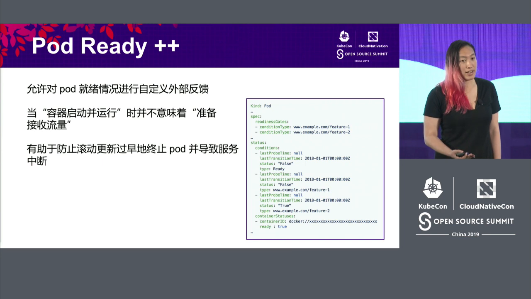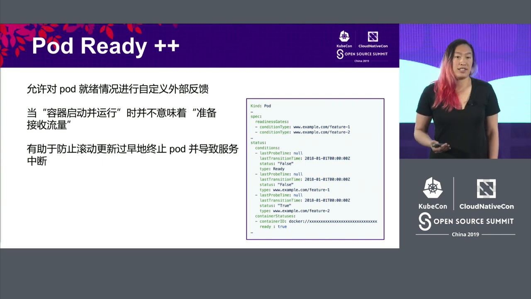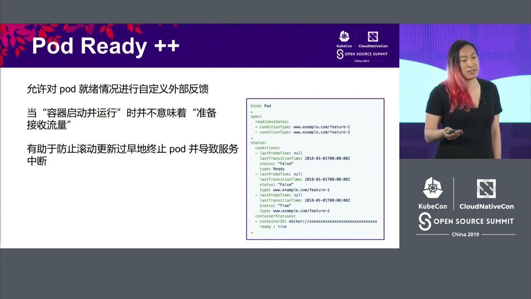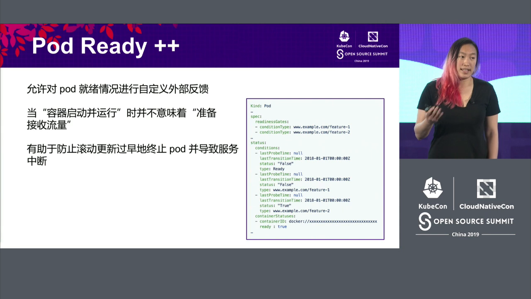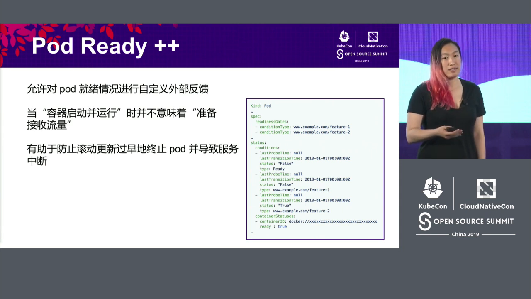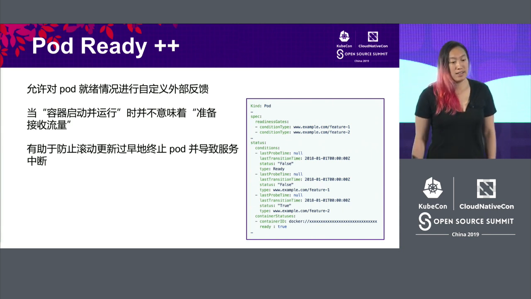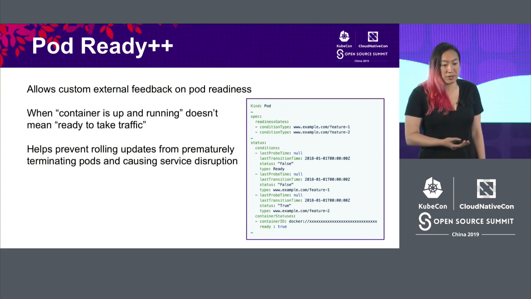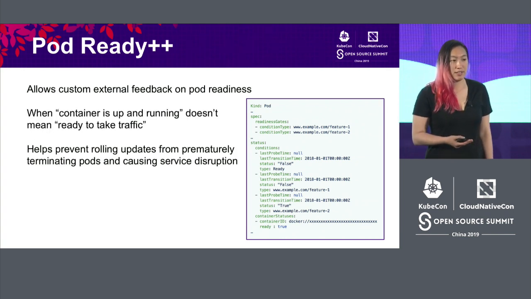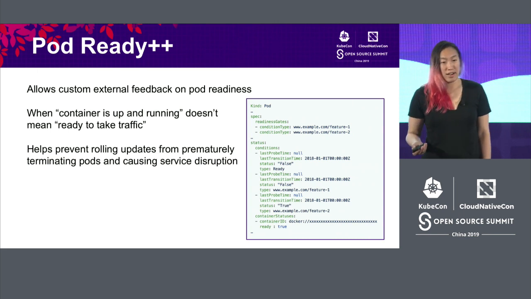So your container is running, but you can't actually send traffic to it yet. So you want to give the cluster feedback so that your rolling updates won't take down the old pods until the new pods are truly ready. So this is an example of how you might have 2 extra conditions for defining that the pod is ready.